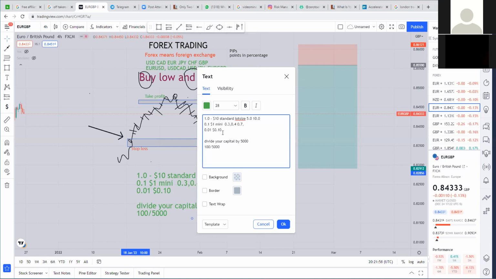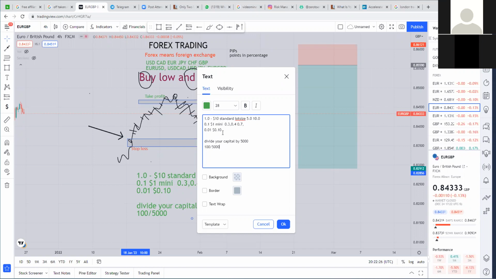Whatever you get will be the lot size you should use. You can just open one position and leave it. No matter how the market goes, it's going to take a long time before you lose all your capital if you trade like this, you understand?